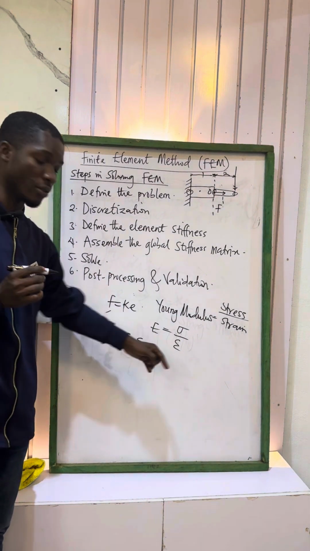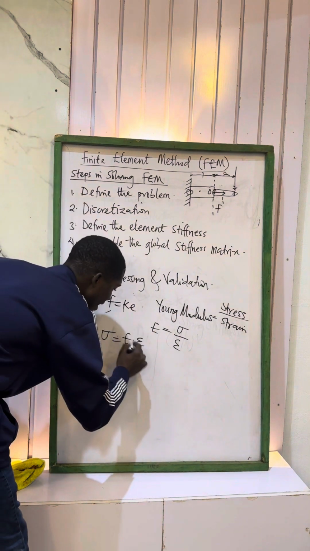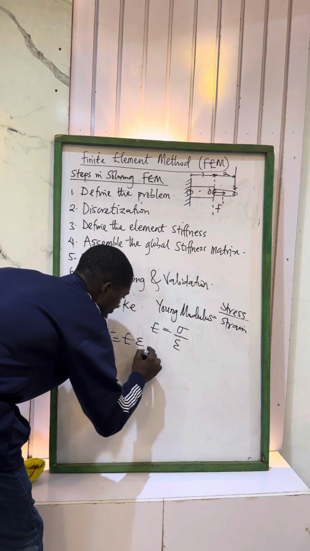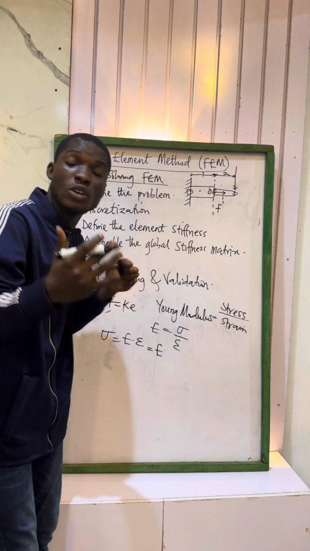Since my sigma is E dot epsilon, I still remember that this epsilon, which is the strain, is the same thing as the change in displacement, which is your extension.